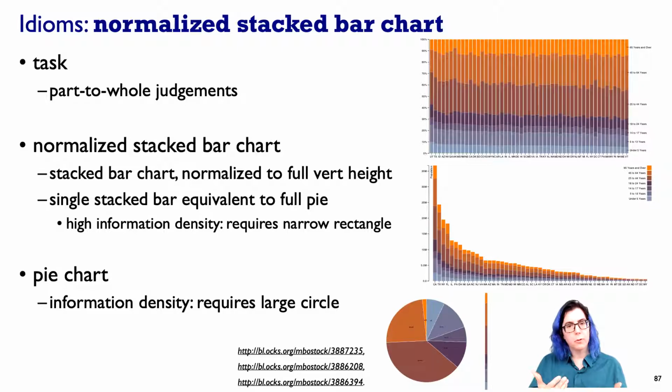And then we're also able to do part to whole comparisons. The thing to note is that one of those normalized stacked bars is equivalent to an entire pie chart. So you're able to fit a lot more information in a small region of the screen. So you have a higher information density than something like a pie chart.